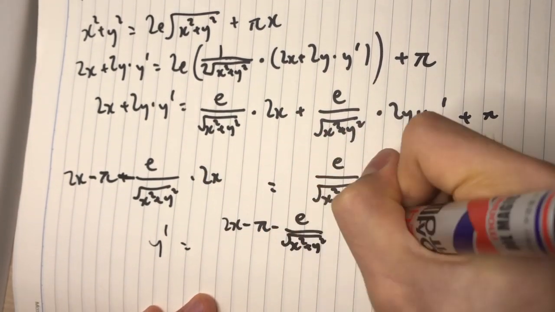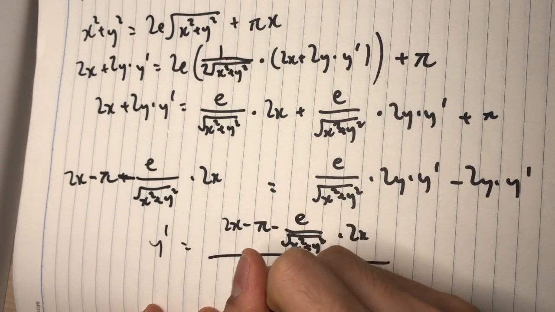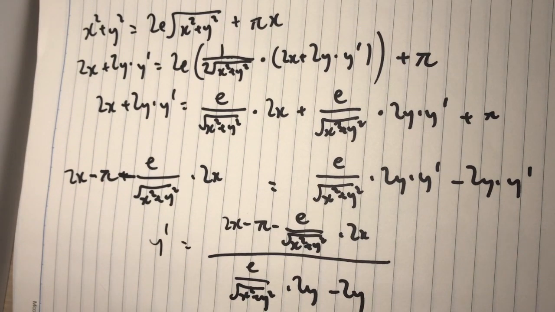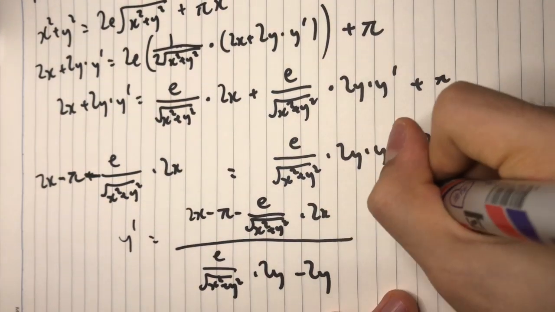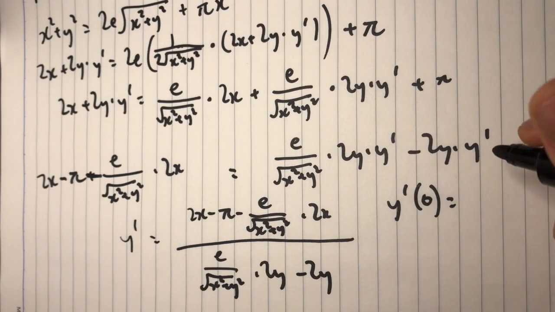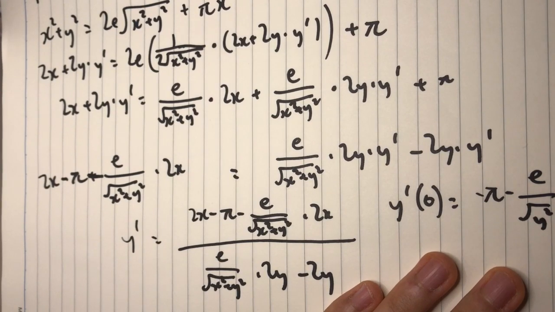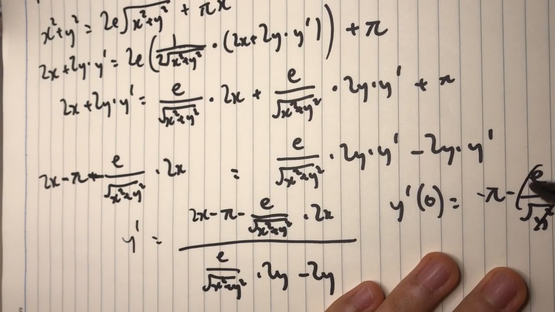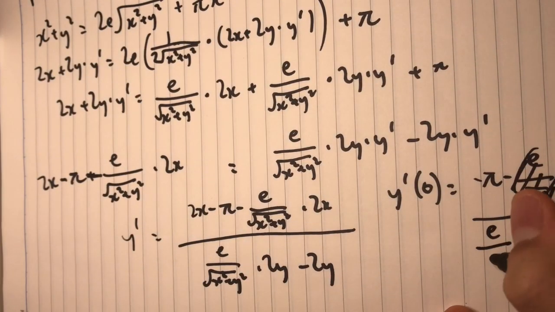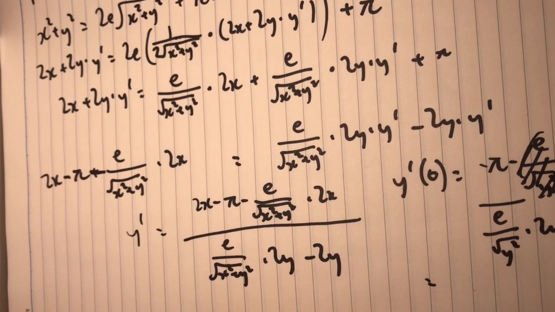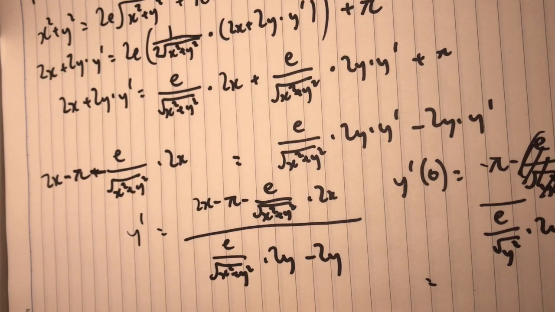Okay, so you basically solve for y prime like this, and the goal is to find the derivative when x is 0. So we're going to do y prime of 0, and we're just going to eliminate all x because x becomes 0, and that's the y prime equation, y prime of 0.